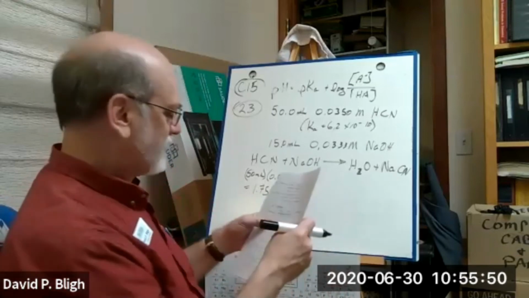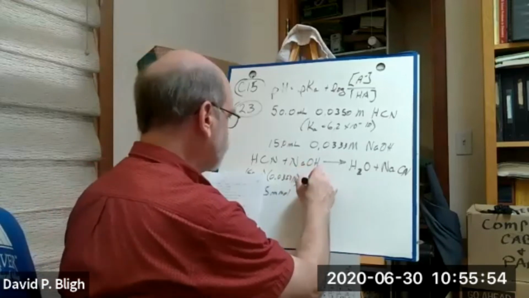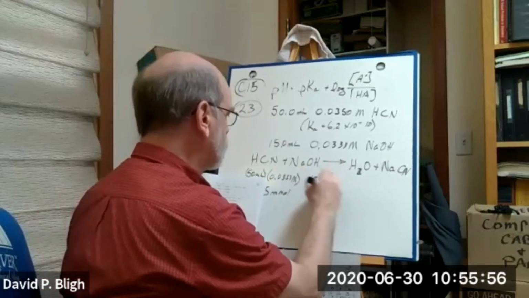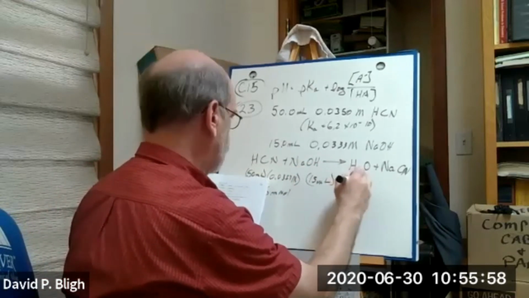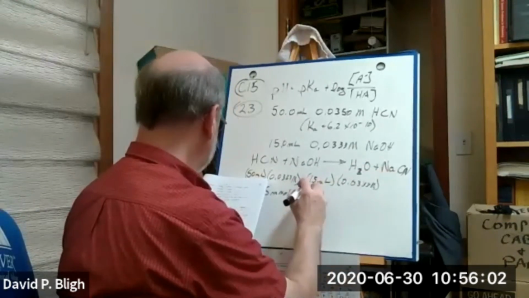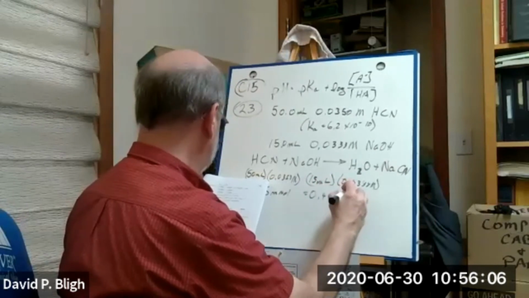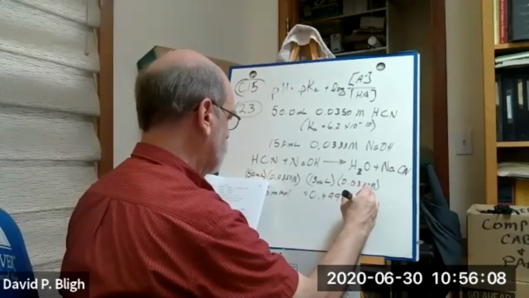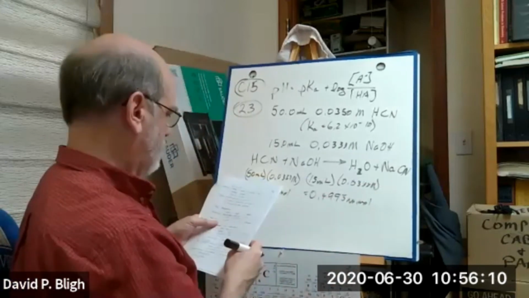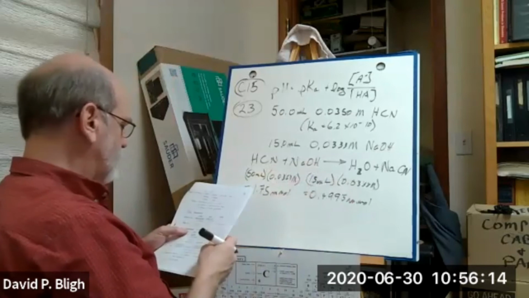Okay. And then for this one, we've got 15 milliliters times 0.0333 molar, which is equal to 0.4995 millimoles. Okay? So that's before the reaction.